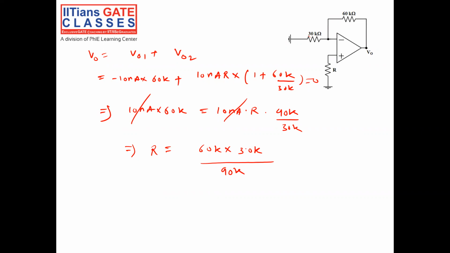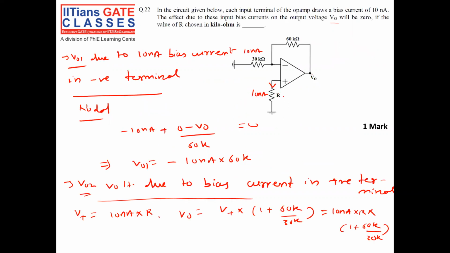So let's calculate. It is equal to 30K into 60K divided by 90K, which is 20K. Right? So if we put a resistance of 20K here, then the output voltage V0 due to the input bias currents will be 0. Right? This is a very easy question.